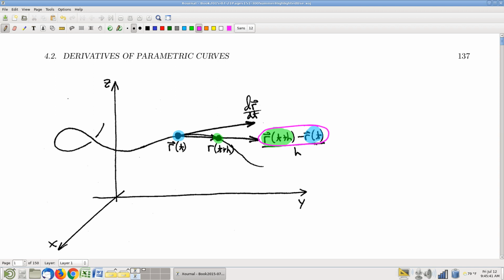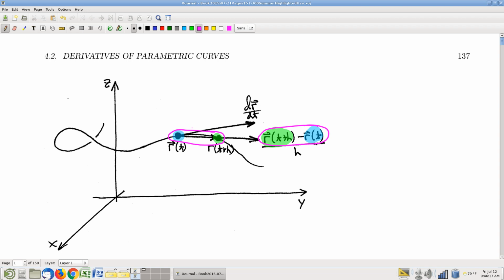That numerator in our limit expression. I didn't write down the limit yet. R of t plus h minus R of t. That numerator is this difference vector. It's the displacement between those 2 points, sort of a starting point and an ending point, if you will. Okay, now, what happens as h approaches 0? Well, as h approaches 0, t plus h gets really close to t. These 2 points get closer and closer to each other. That numerator approaches 0. That's not that interesting.